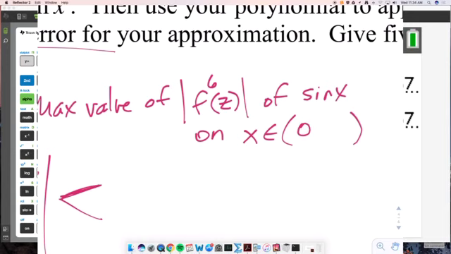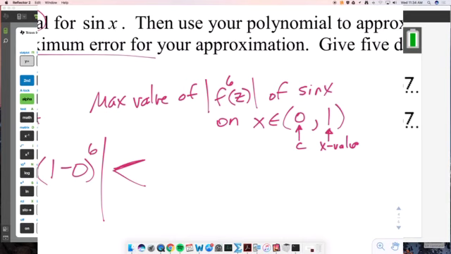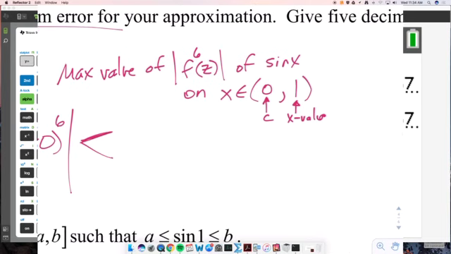Our center is at 0, and we're approximating at 1, right? So in this case, that's the center, and this is the x value that we're approximating it at. If you can remember that, that's the whole thing behind Lagrange error bound. That's what we need to find. Okay, so let's try to think about it without a calculator. Sine of x, of course, looks something like that.